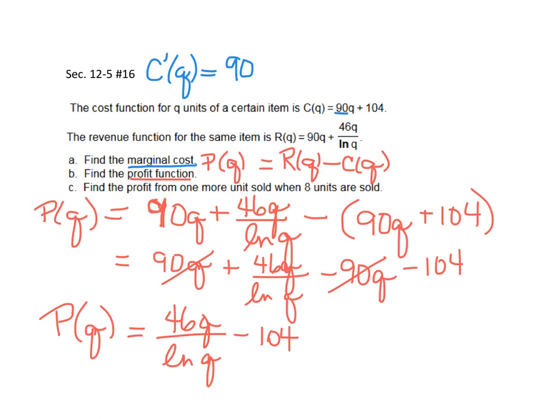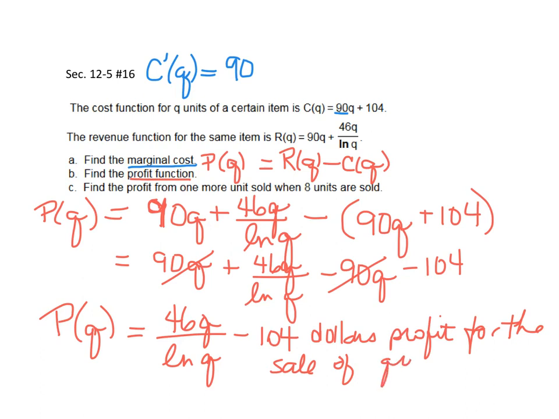And that is profit in dollars, so that's dollars profit for the sale of Q units.